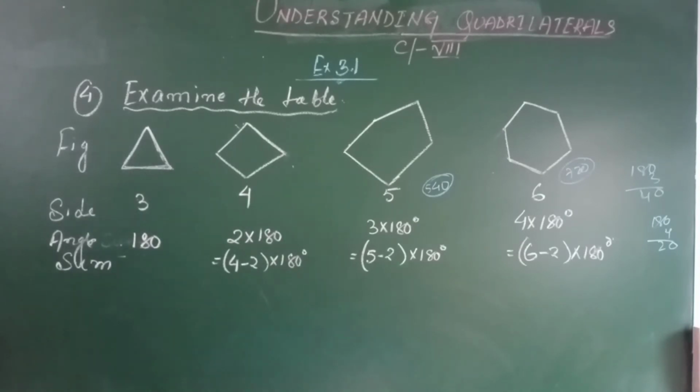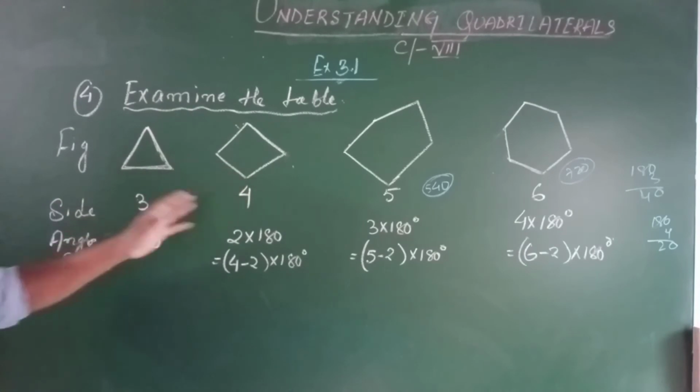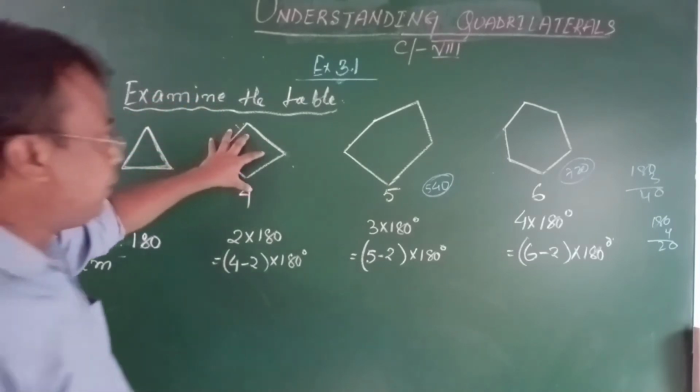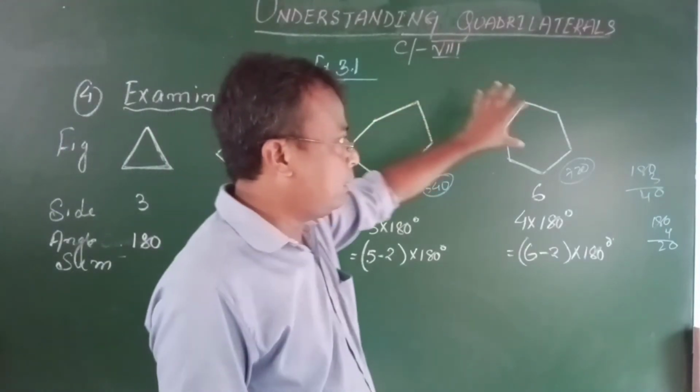Now come to question number 4. Here a figure and a table are given. It shows a triangle, a quadrilateral, a pentagon, and a hexagon.